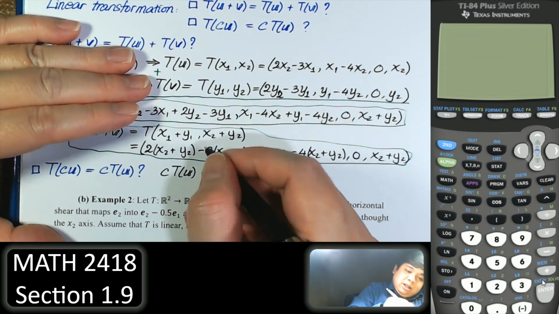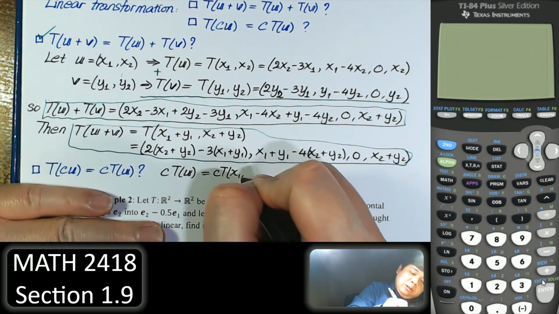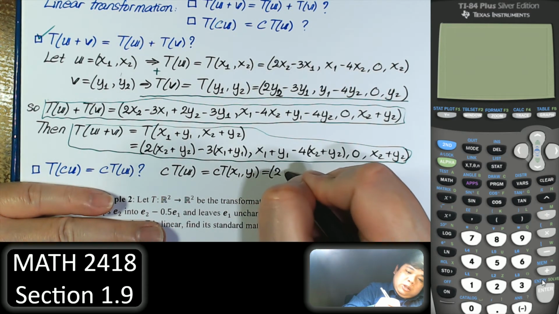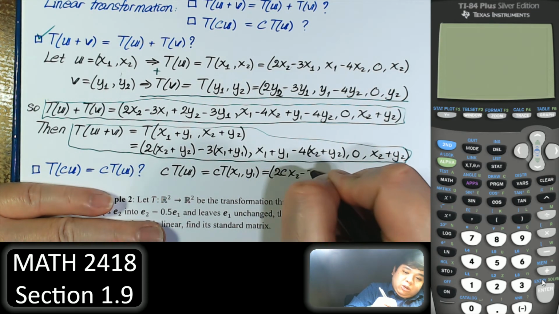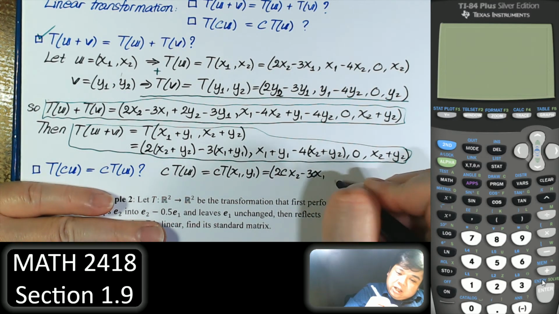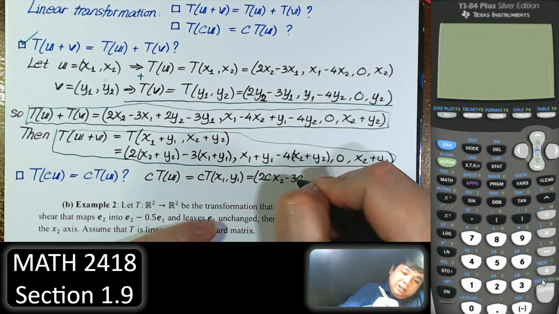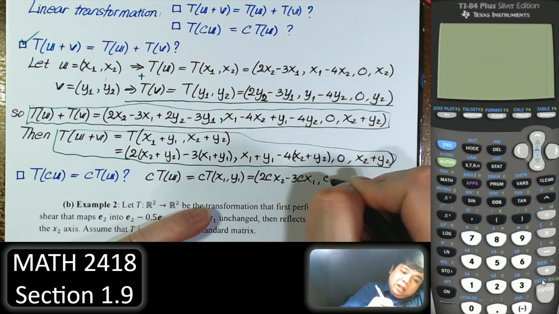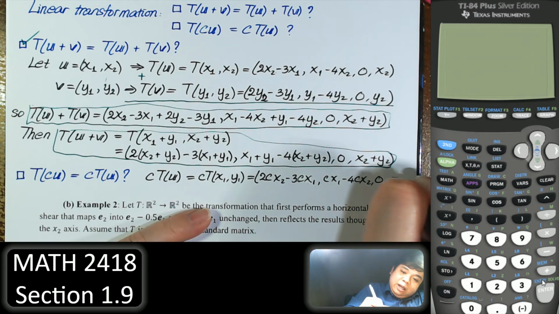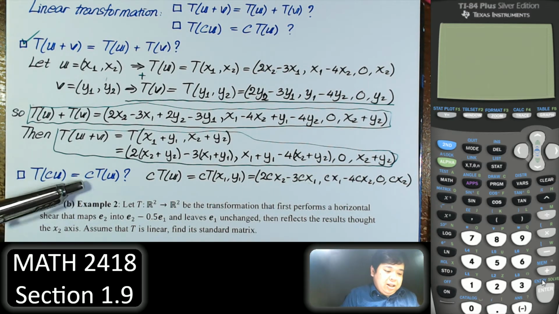Multiply c into that. That gives us 2c x2 minus 3c x1. Yeah, multiply c into everything. c x1 minus 4c x2, 0, and c x2. So that is the right hand side.